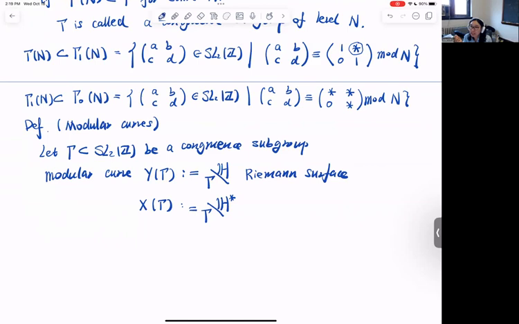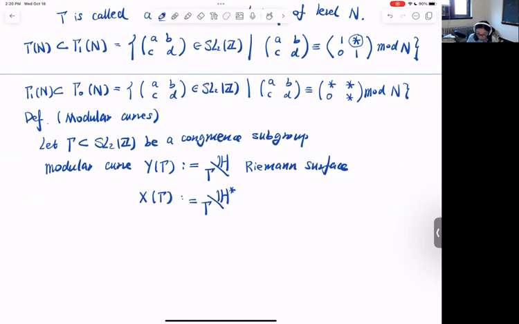I could naively add back that point, but instead we added a whole copy of P1 of Q into our upper half plane and then mod out by the gamma action to obtain that one point. One benefit is that now we can naturally compactify all the other modular curves.